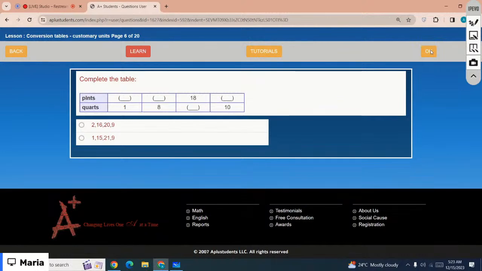So which is the correct option? Yes, that is option number 1. 2, 16, 20, and 9 is the correct option, right?